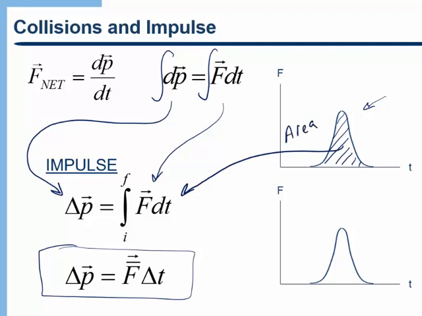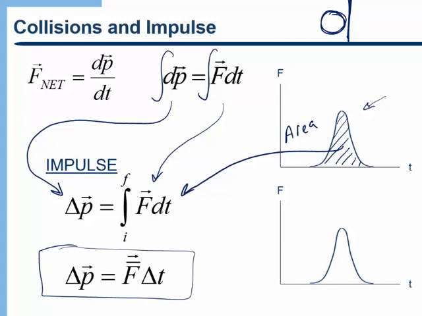Okay. So what is this whole idea? What are we trying to accomplish? Think about an object that undergoes a collision. So let's say we throw a ball against a wall, and the ball is going to hit the wall and bounce off. As that collision is occurring, the force on the ball is going to vary with time. In other words, just when the ball starts touching, the force will still be 0.